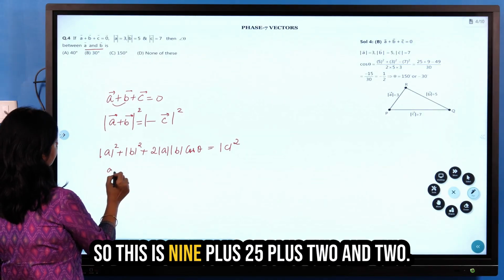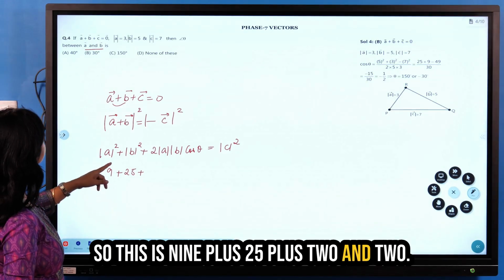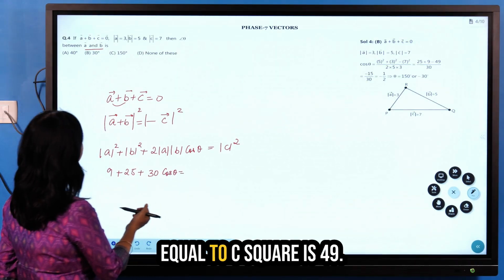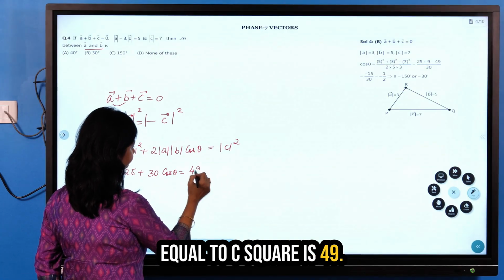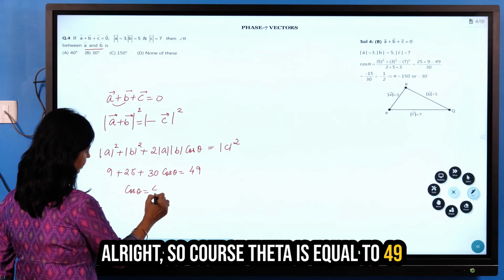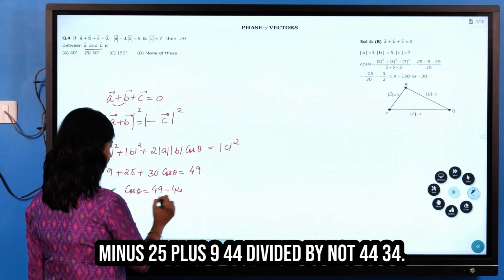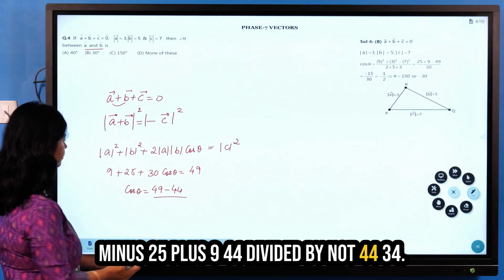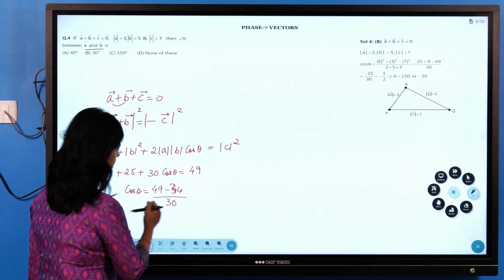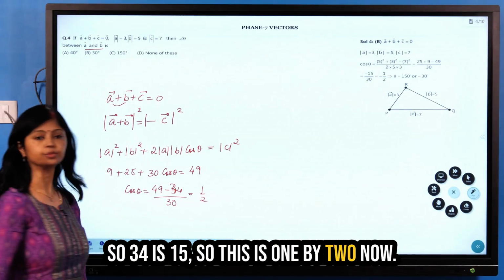So this is 9 plus 25 plus 2 into 30 cos theta is equal to C square, which is 49. All right. So cos theta is equal to 49 minus 25 minus 9, that is 15, divided by 30.